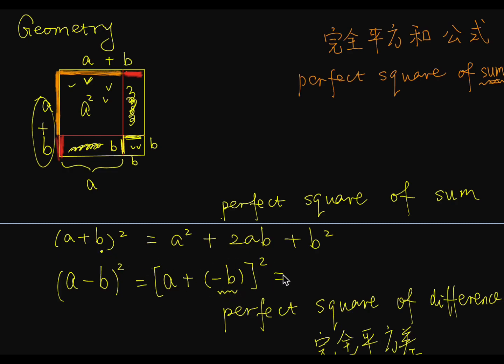Using the above formula, we have a squared plus twice the product of these two values, and then plus negative b all squared. A negative number squared is still positive, therefore this can be simplified to a squared minus 2ab plus b squared. So this one is the perfect square of difference.